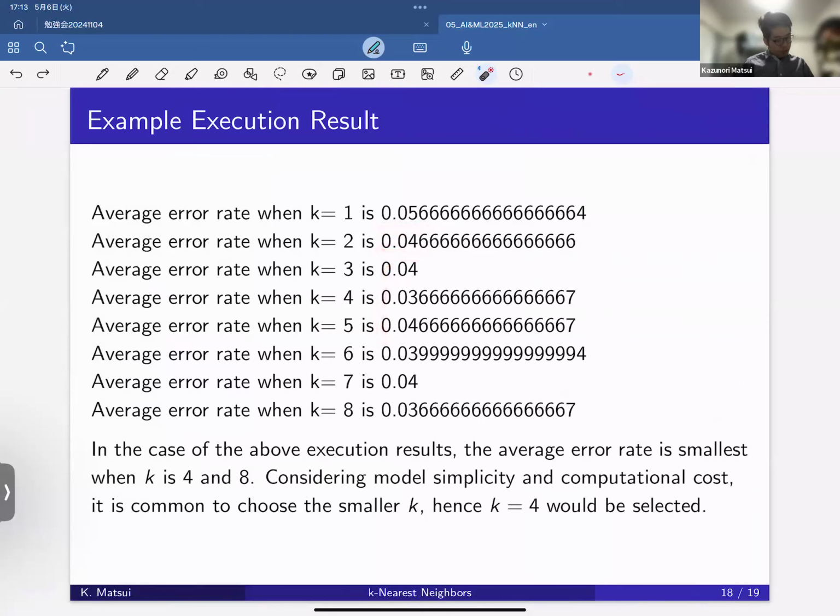After trying various values of k, we might find that the average error rate is smallest, 0.06, when k is 4 and k is 8. Considering model simplicity and computational cost, it's better to choose a small value. So k equal to 4 would be appropriate.